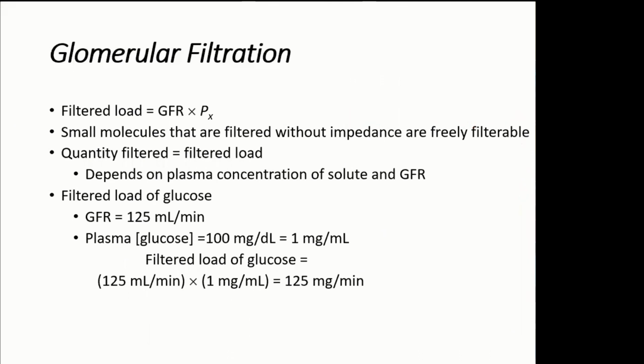Now, using our understanding of glomerular filtration, we can also calculate how much of any given solute, so anything dissolved in the blood, gets filtered out. We call that the filtered load. Basically all we have to do is take that filtration rate, so the amount of plasma that's getting filtered out of the blood, and multiply that by the concentration of that solute in plasma.